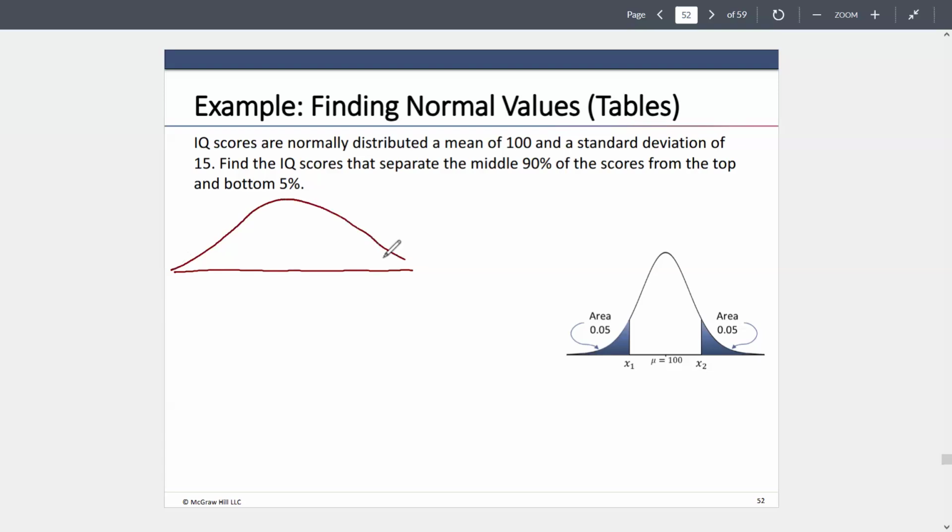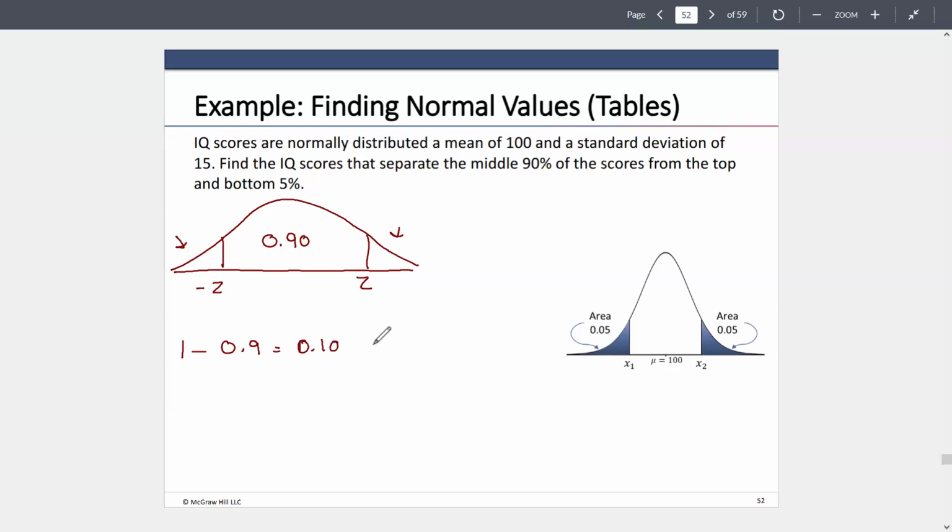So we have a distribution, and what we're taking out of the middle this time is my 90%. When we look at the z-scores, we'll get a z-score here and here, so they should be the same z-score, just one's positive, one's negative. But to figure out what that z-score would be, we need these areas. So 1 represents my whole distribution. If I take off that 90%, I am left with 10%.